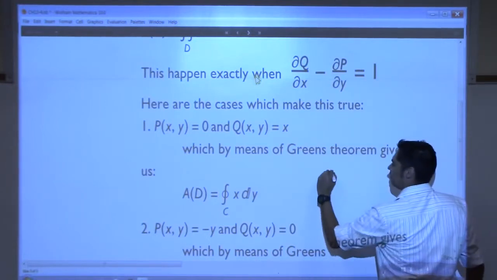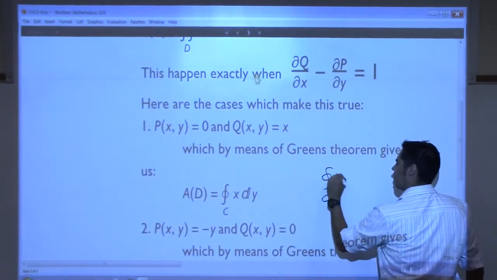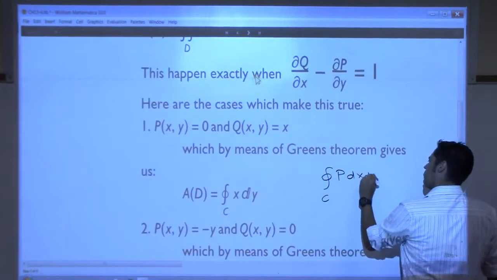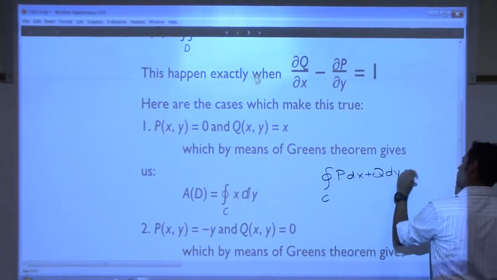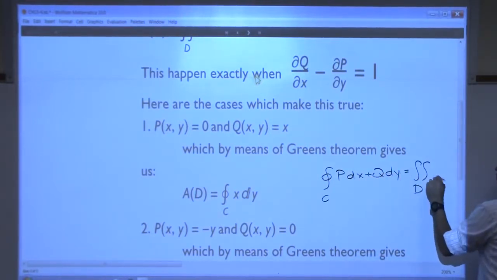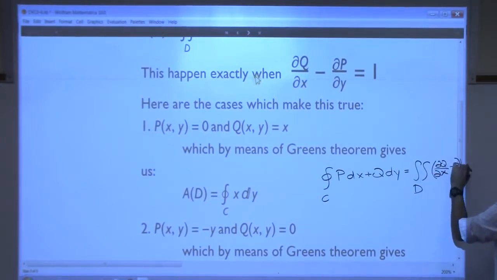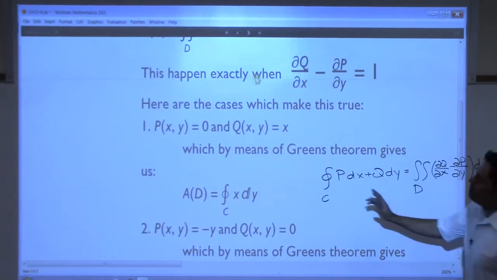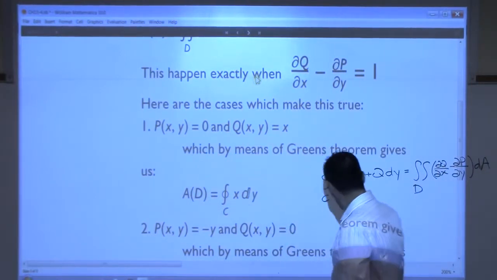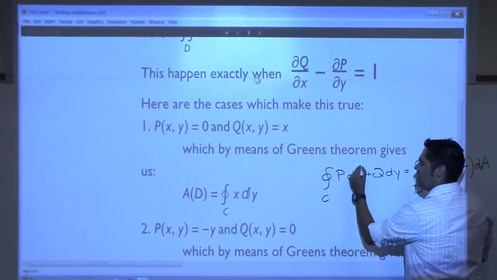looking at Green's theorem, that's Green's, right? If I let p of x be 0, this is gone, right?